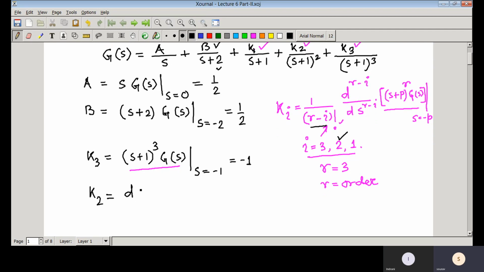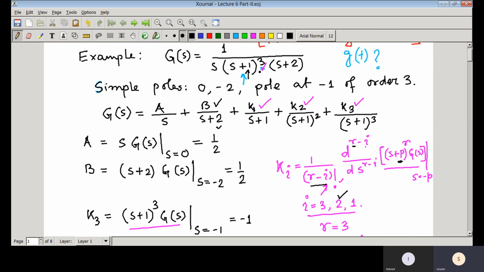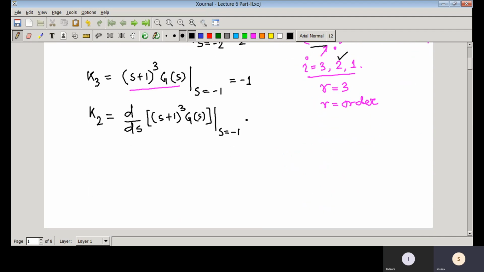Then the derivative, 3 minus 2 that is 1, the first derivative d/ds of (s plus 1) cube G(s), you find it at s equal to -1, the reason being that p is equal to 1 here. If you solve this one, you will get the value 0.